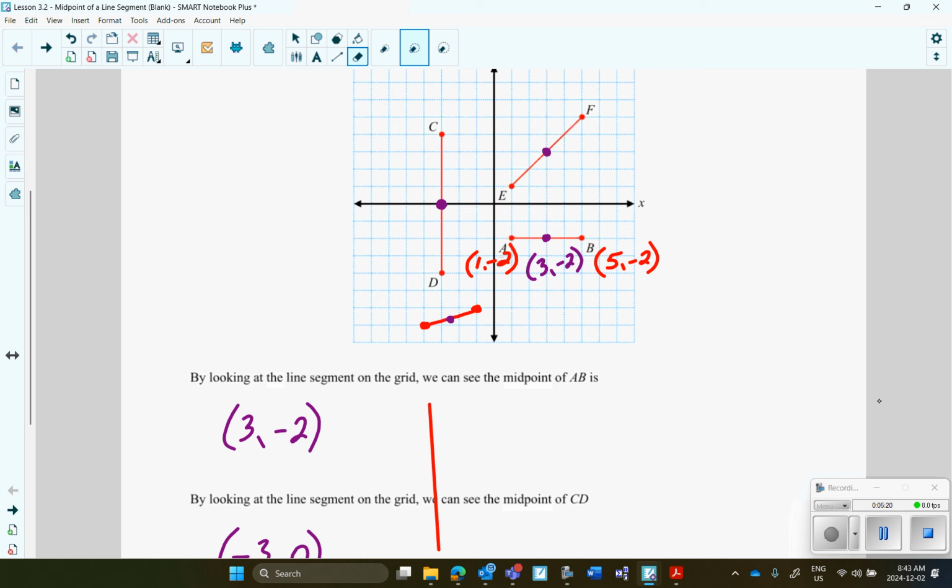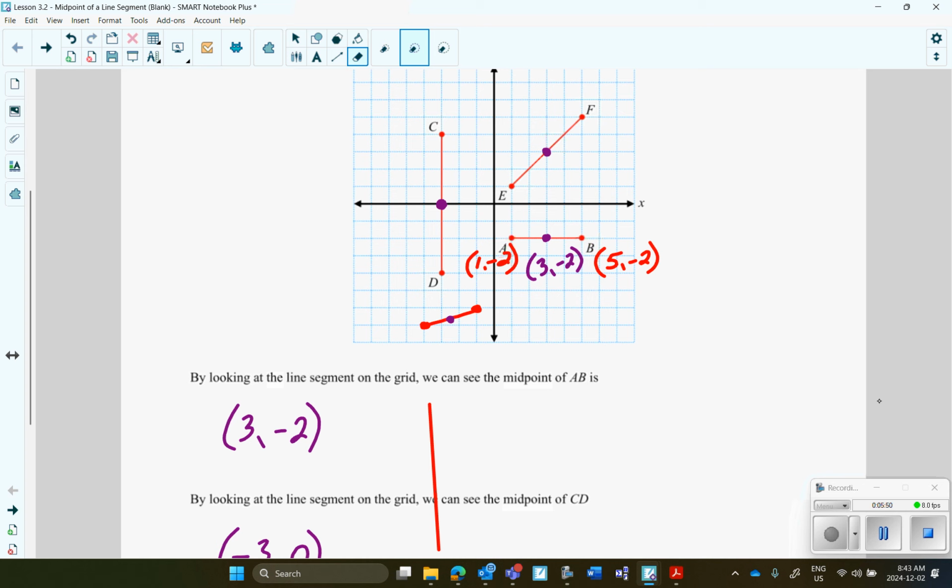What number is halfway between 2 and 6? 4. What number is halfway between 2 and 8? 5. How'd you get 5? When you said, for 6 it should have been 3, but it increased by 1. Oh, okay. Yeah.